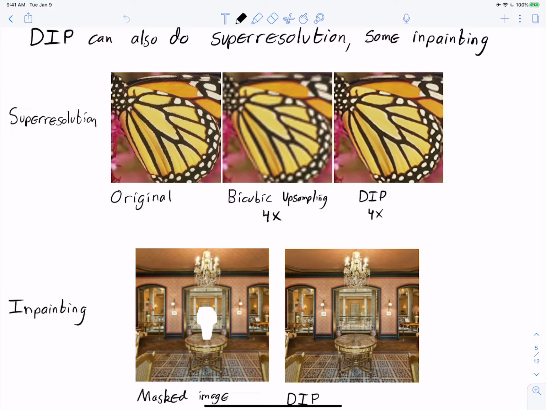These are quite interesting because let's remember that these methods never saw training data. Right? They've never seen natural images before. They didn't learn anything. They only fit the measurements that they had via a neural network of this UNet architecture.